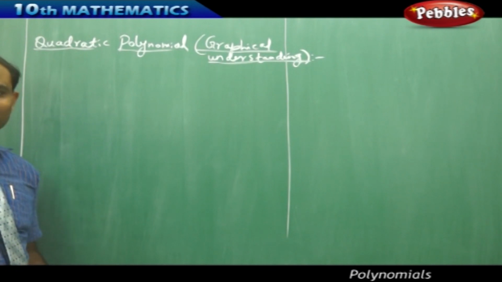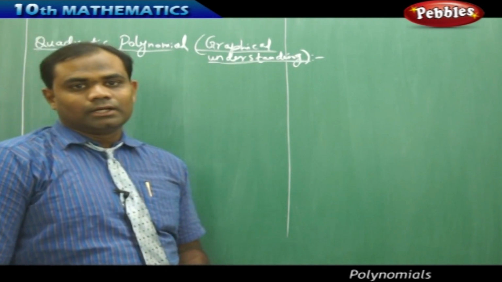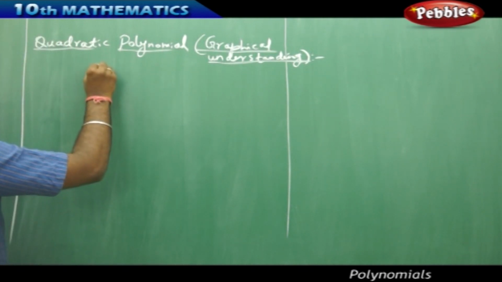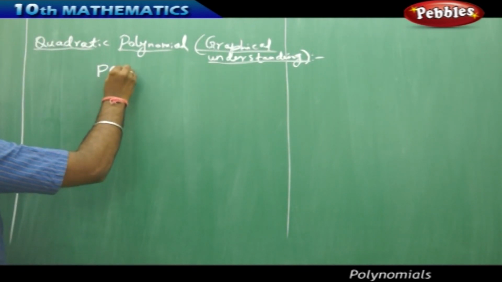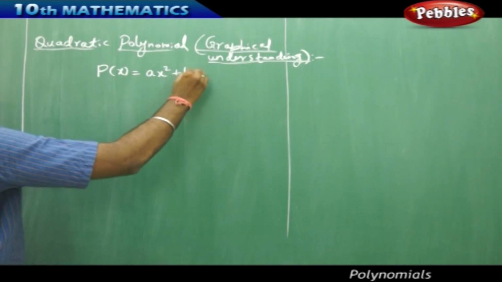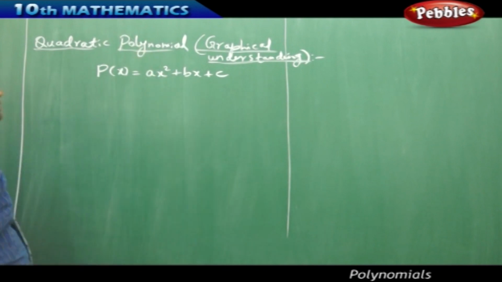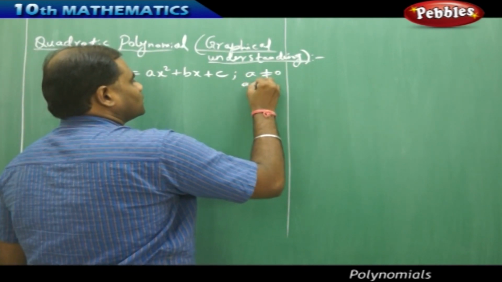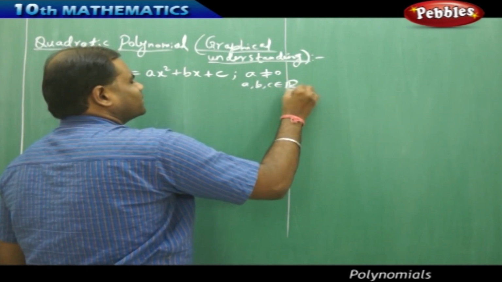Now, coming to the graphical understanding of a quadratic polynomial, let's take a quadratic polynomial. We all know that a quadratic polynomial is generally denoted in general form as ax squared plus bx plus c, where the condition is that a is not equal to 0 and a, b, c are all real numbers.